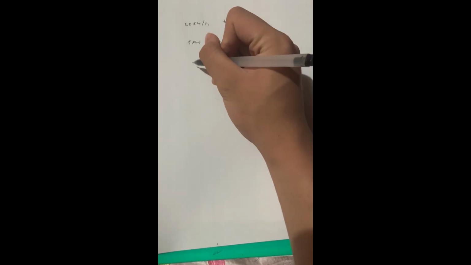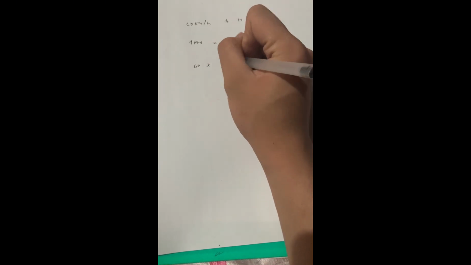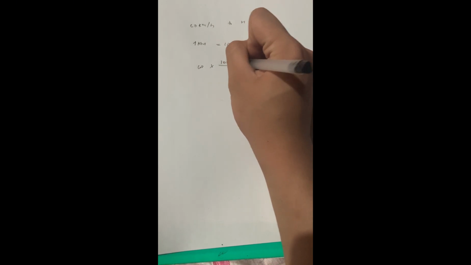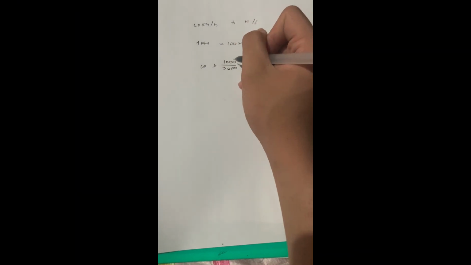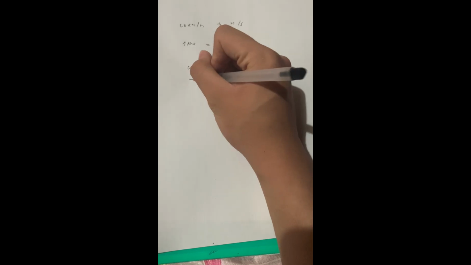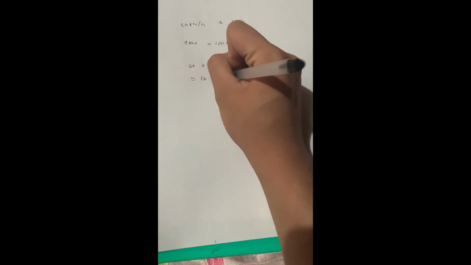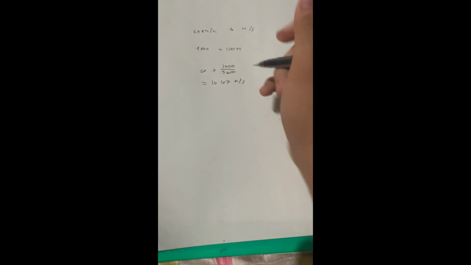Step 2, set up: 60 times 1000 over 3600. So the answer is 16.67 meters per second.